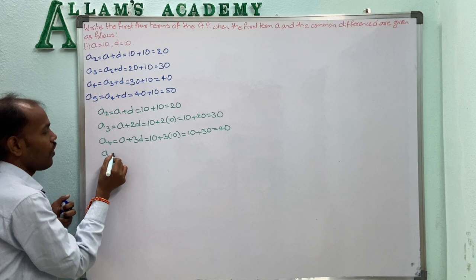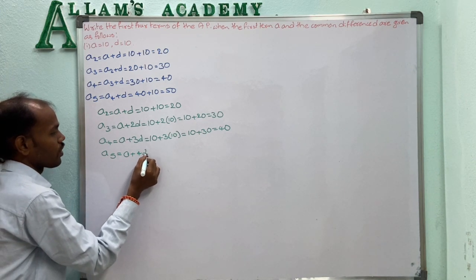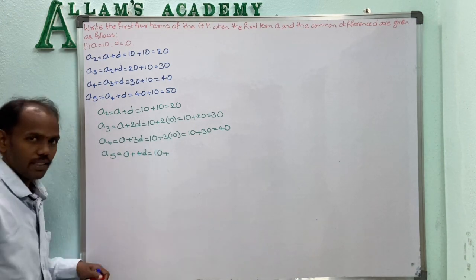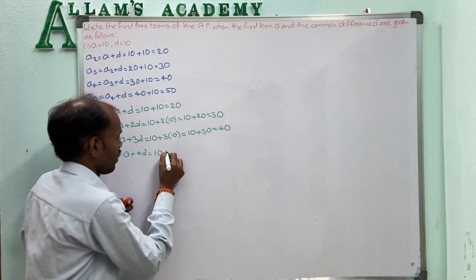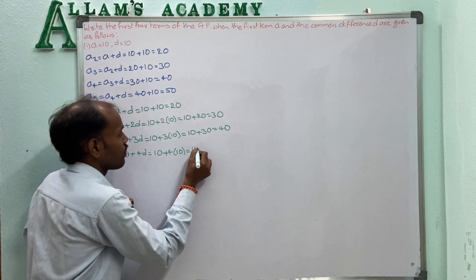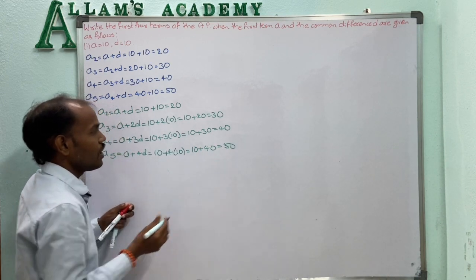Now A5 is equal to A plus 4D. So here A equal to 10 and D is also equal to 10. So 4 into 10, 10 fours are 40. So 10 plus 40 is 50.